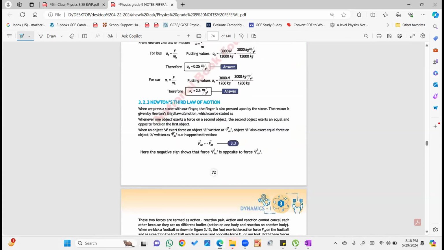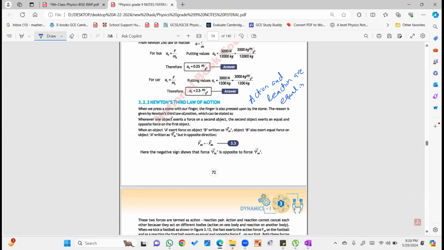Newton's third law is very easy. Newton's third law is explained as the — मैं यहीं पे लिख देता हूँ — action and reaction are equal in magnitude but opposite in direction. हाँ, इसमें एक और point आपने mind में रखना होता है कि action and reaction always act on two different bodies.